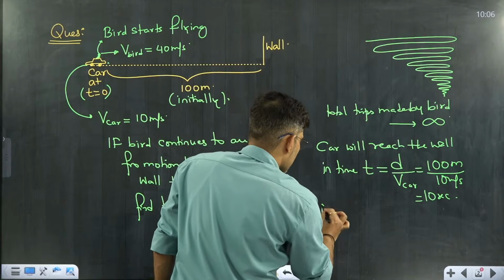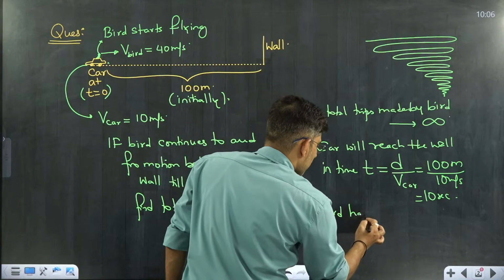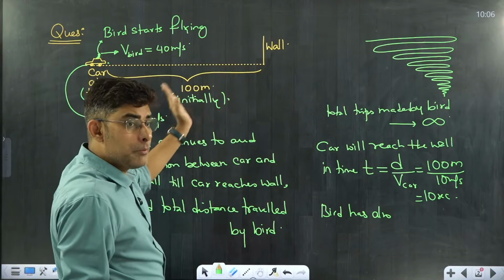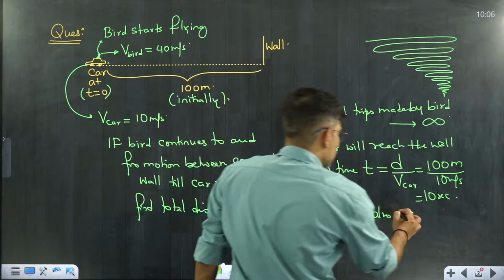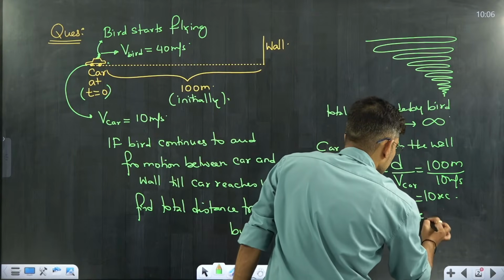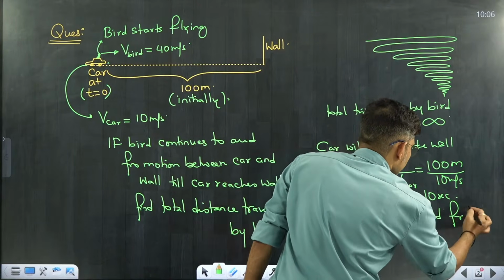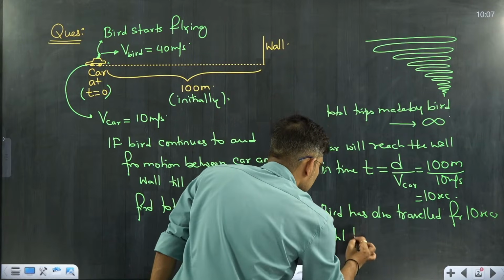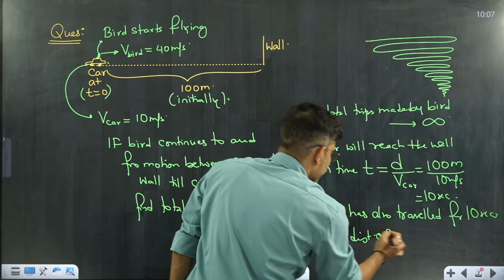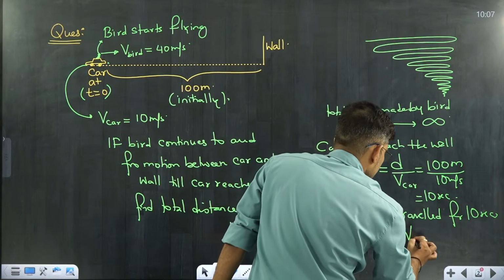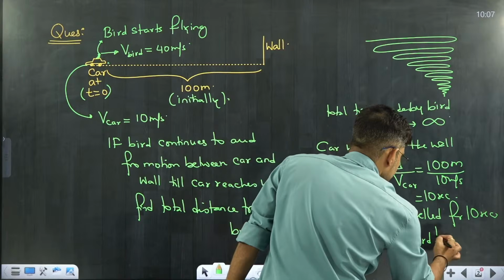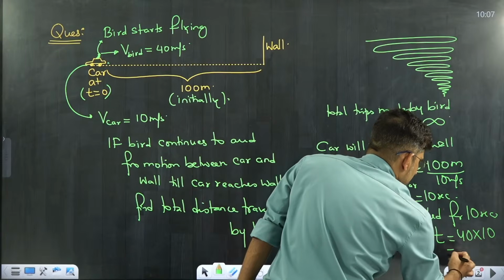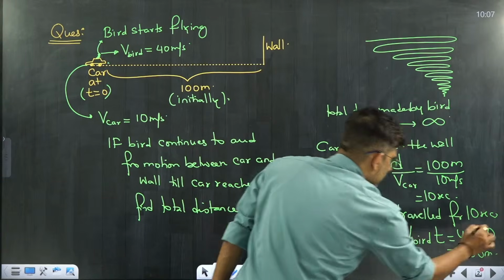Now the bird, since it is traveling along with the car, will also travel for the same time. The bird has also traveled for 10 seconds, a total distance of speed into time, which is 40 into 10, which is 400 meters.